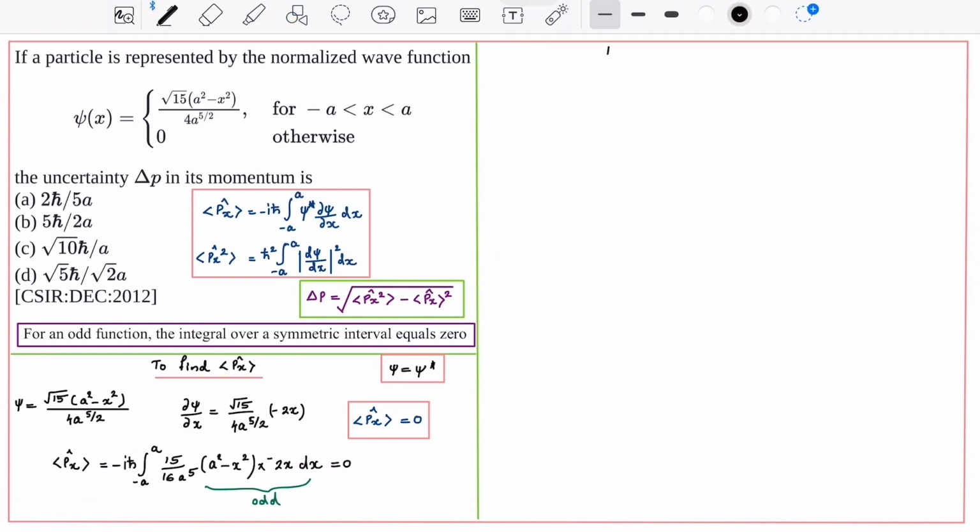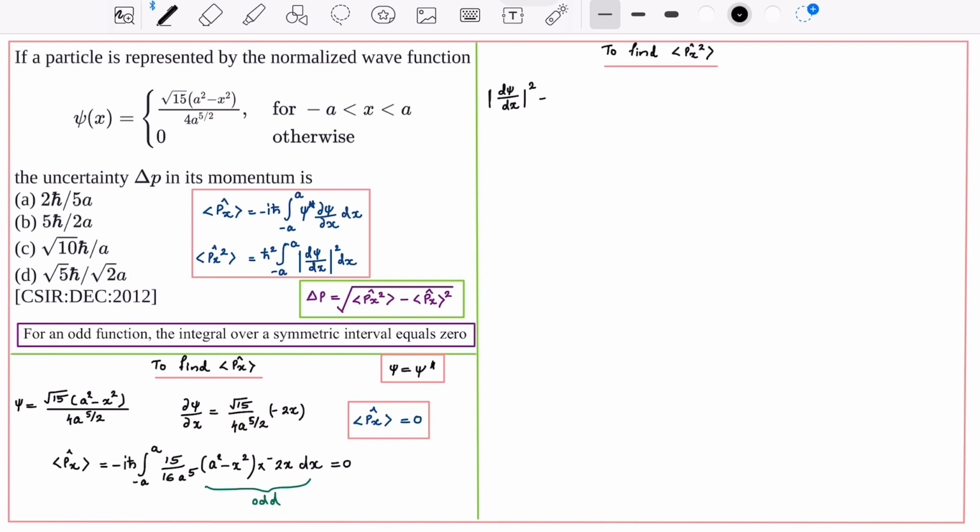Now let us find out what is the expectation value of px square. To find px square, let us use the formula h bar square integral minus a to a modulus of d psi by dx square dx. So first let us write what is the modulus of d psi by dx square.